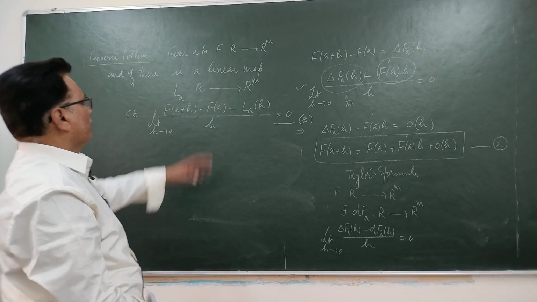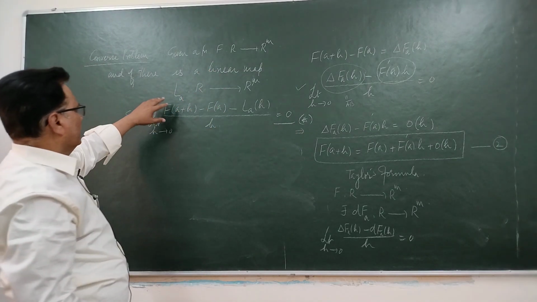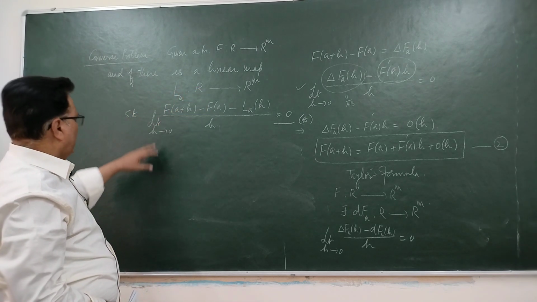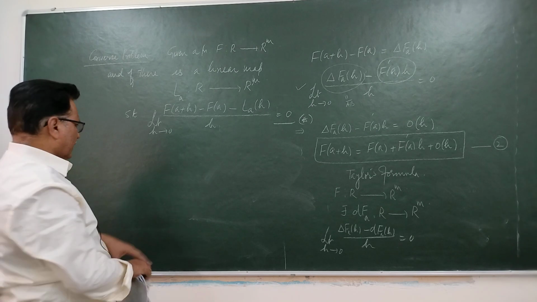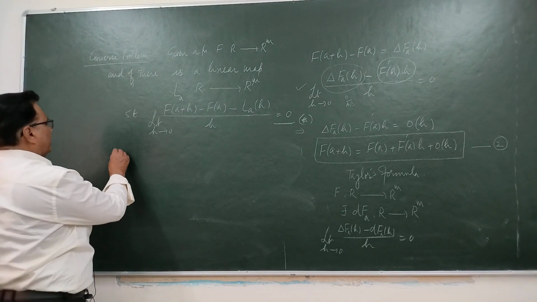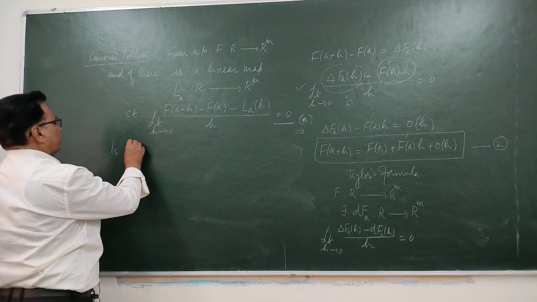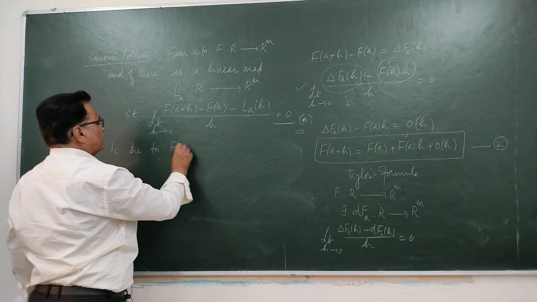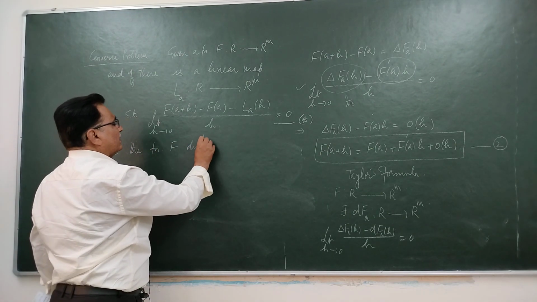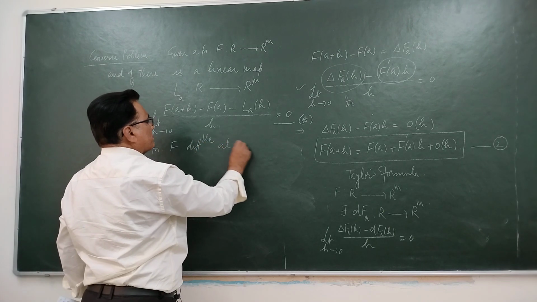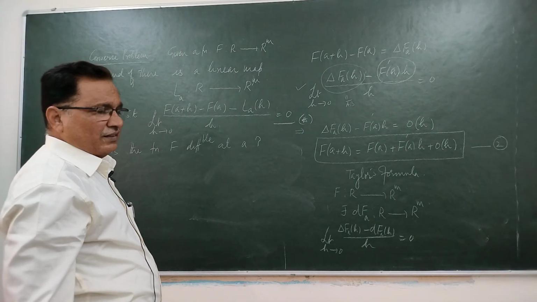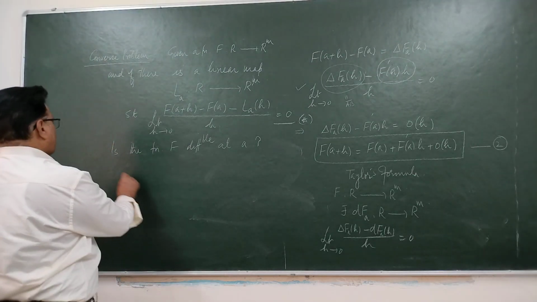Suppose I have a function from R to R, and suppose I have a linear map from R to Rm, and this condition holds, then I can ask myself, is the function f differentiable at A? This is the question. The answer is yes.